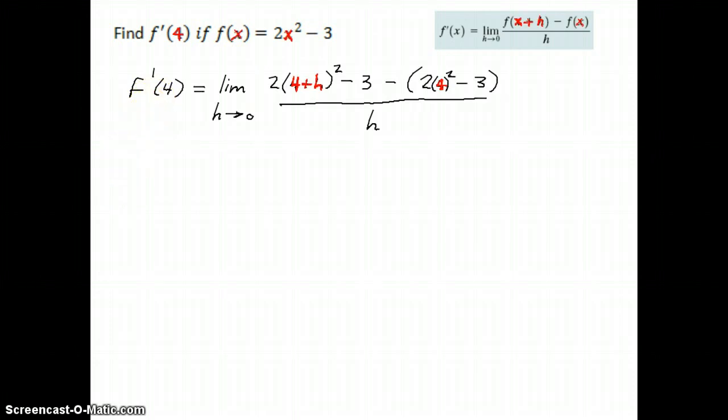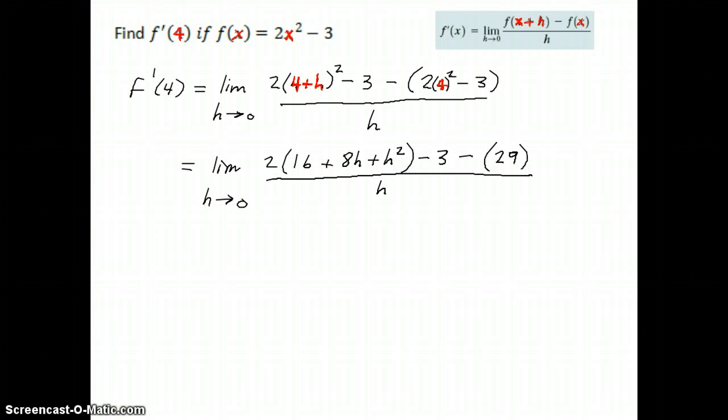Okay, so here's the setup, just according to the definition I've highlighted to help you understand the flow. And so from here, it's really just a problem that deals with your algebra skills. We have to expand and multiply, use the order of operations, and I'll go ahead and pause it and show you the next step.